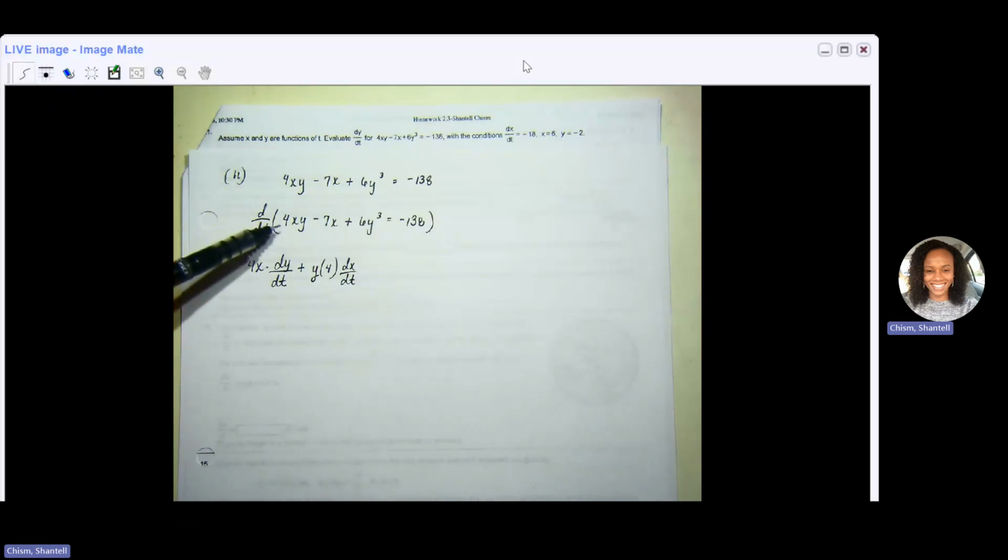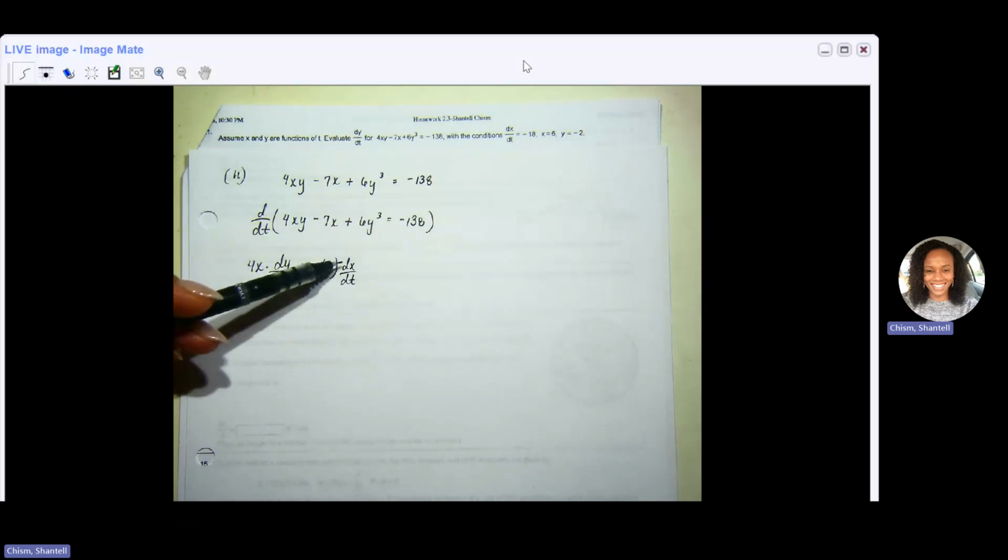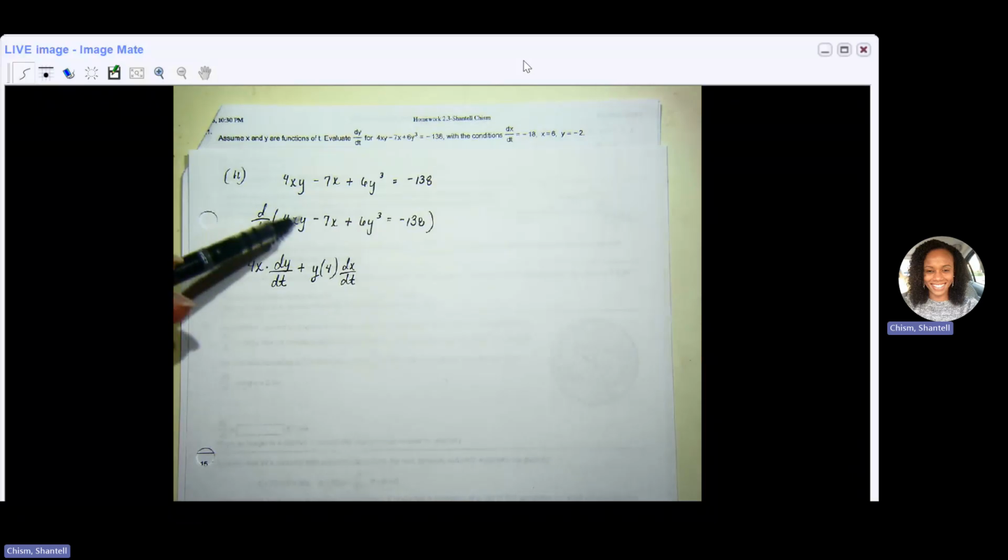So the difference is, though, when we took the derivative of the 4x, we took the outer derivative, you can kind of call that. If you have a linear term, which in this case is 4x, the derivative is just the coefficient, the constant 4, and then we take the derivative of the inside with respect to t. So that's where we get the dx over dt. So we apply the product rule.